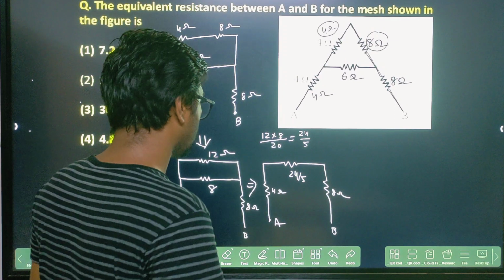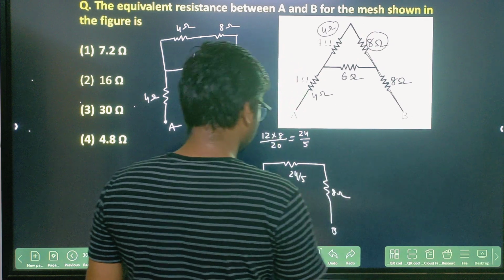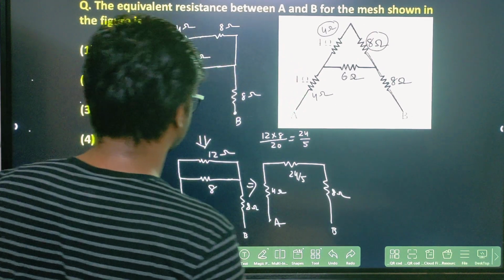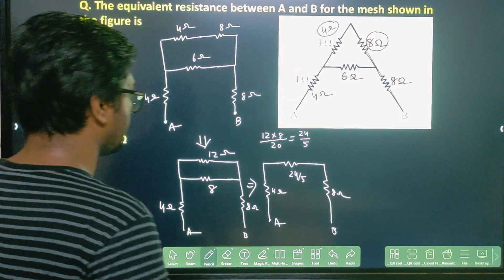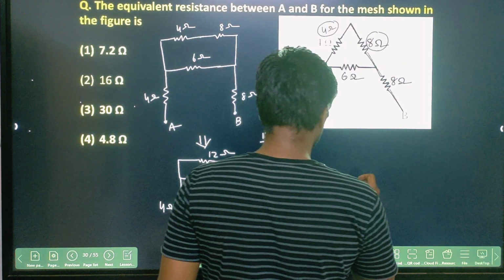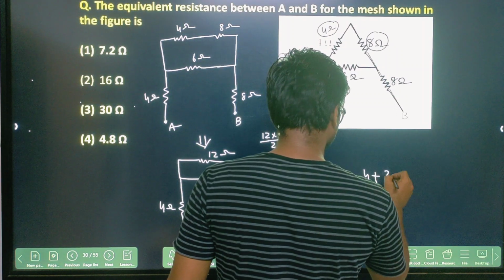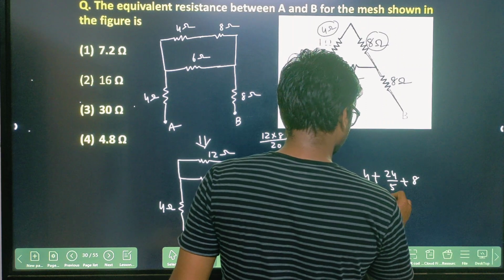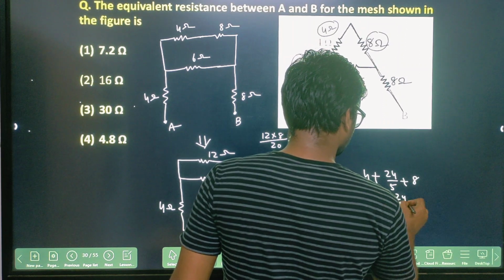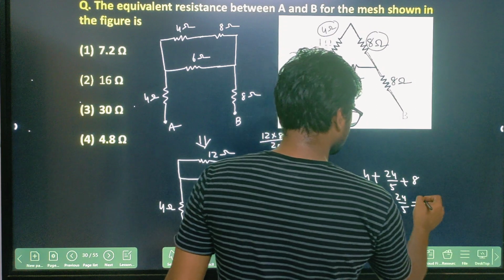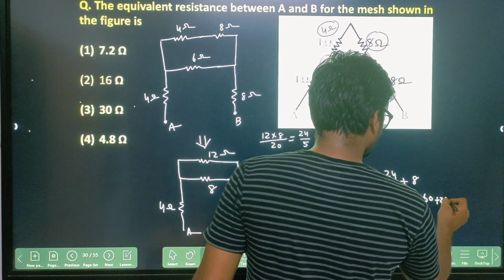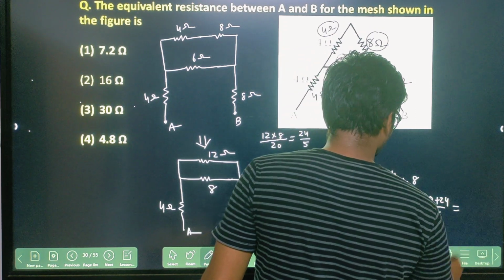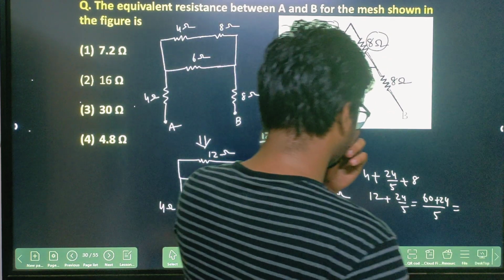Now all are in series, so you can write 4 plus 24 by 5 plus 8. So this will be 12 plus 24 by 5, so 60 plus 24 divided by 5.